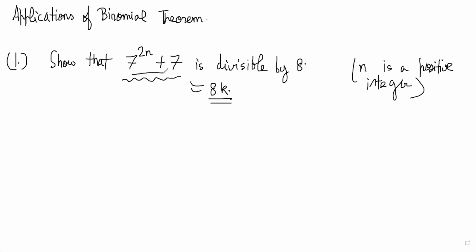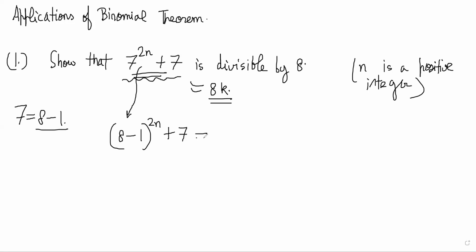If I have to show that this is divisible by 8, I have to try to use 8 somehow in this. So what I will say is 7 is equal to 8 minus 1, right? And this expansion can be written as 8 minus 1 power 2n plus 7, right? If I do the binomial theorem on this, what kind of terms will I get?